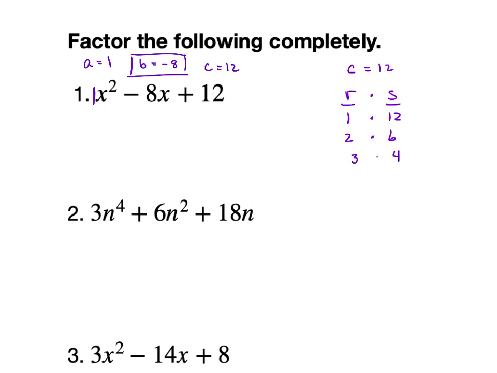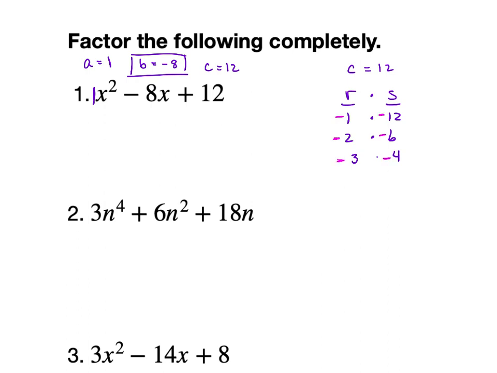Here's all the things that multiply to give you a 12. 1 times 12, 2 times 6, 3 times 4. We want a pair that adds up to negative 8. Now, none of these right now add up to a negative number because they're all positive. So in order to get a negative 8 and at the same time get a positive 12 when you multiply, they're both going to have to be negative numbers.